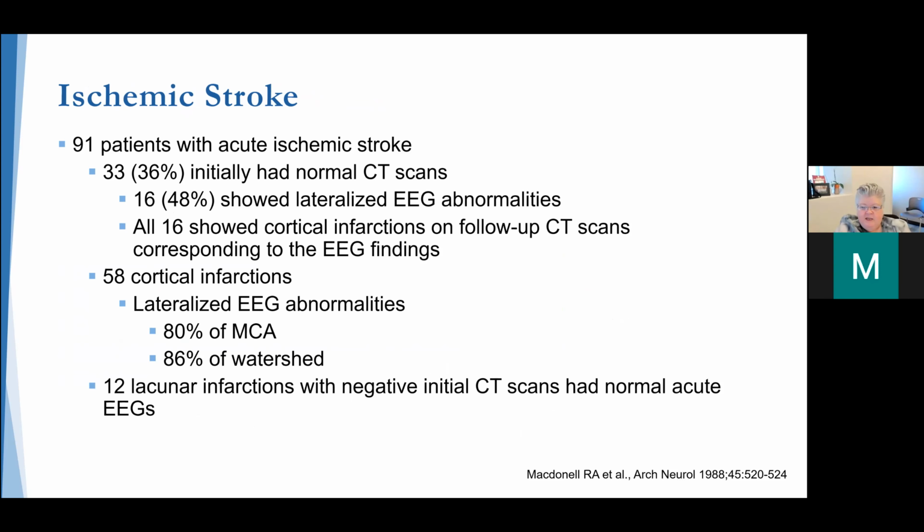So in this study done back in the 1980s, EEG was found to be useful for monitoring for stroke. Of 90 patients, of those who had normal CT scans initially, nearly 50% showed lateralized EEG abnormalities, and all 16 of these later showed infarcts on CT.